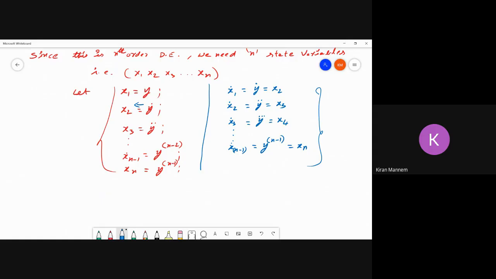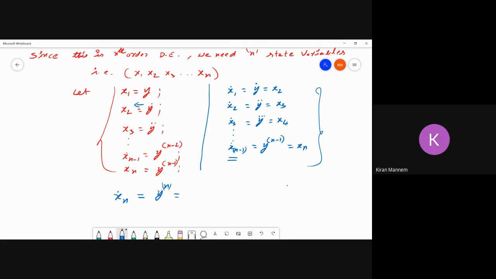Okay. Now what about the last value, that is x dot n? See, I stopped at x dot n minus 1. What is x dot n? So this must be y to the power of n, right? Now what is y to the power of n?